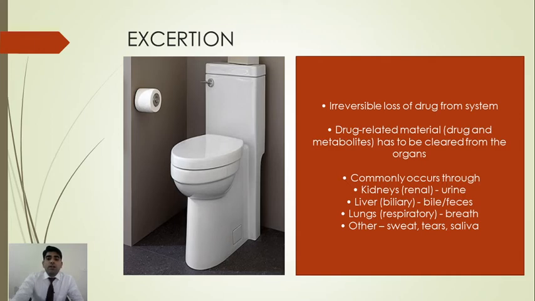I have told you that the liver and kidney, lungs and other body organs are also responsible for excretion in the form of urine, feces, breath, even the tears, saliva and sweat. These are the kinds of fluid in which the drug can be excreted out of the body by the different organs of the body.